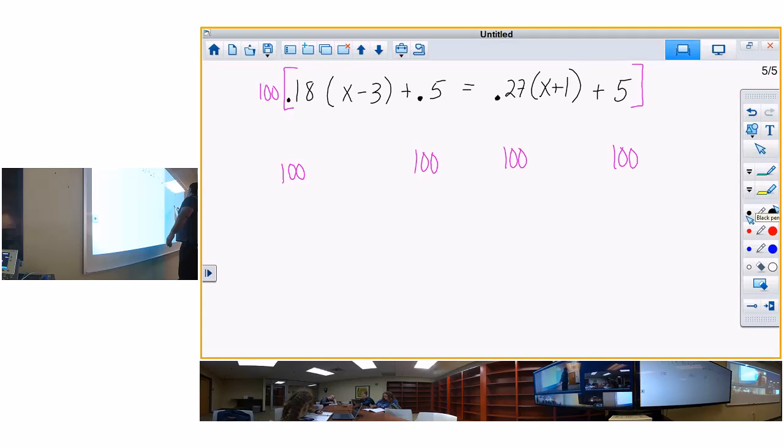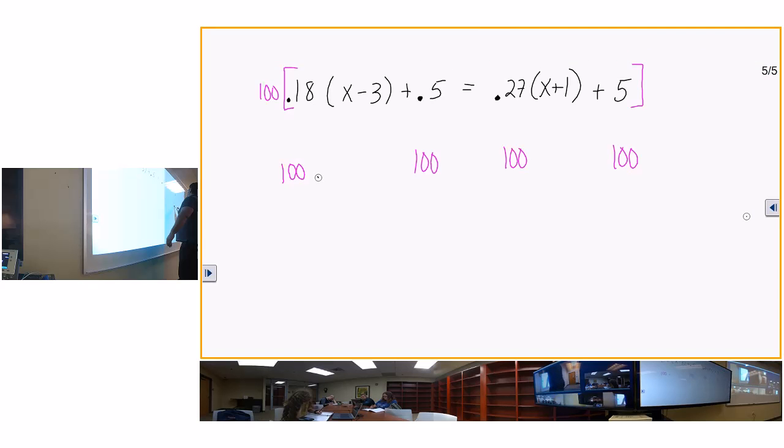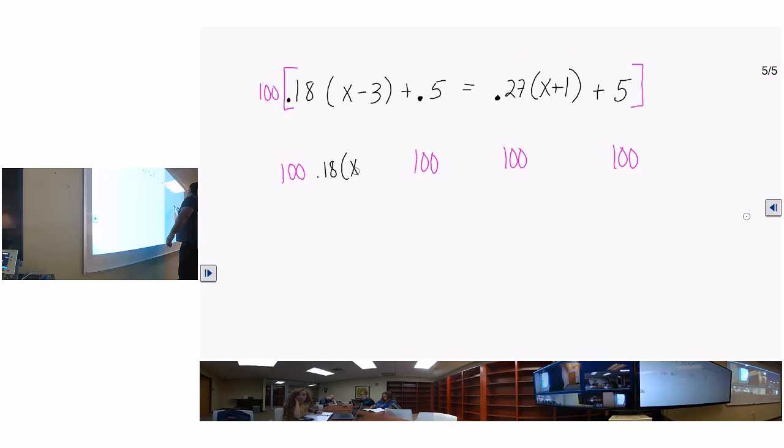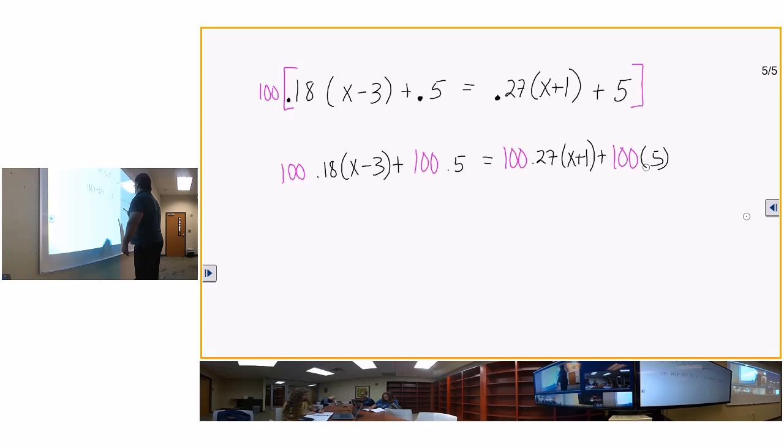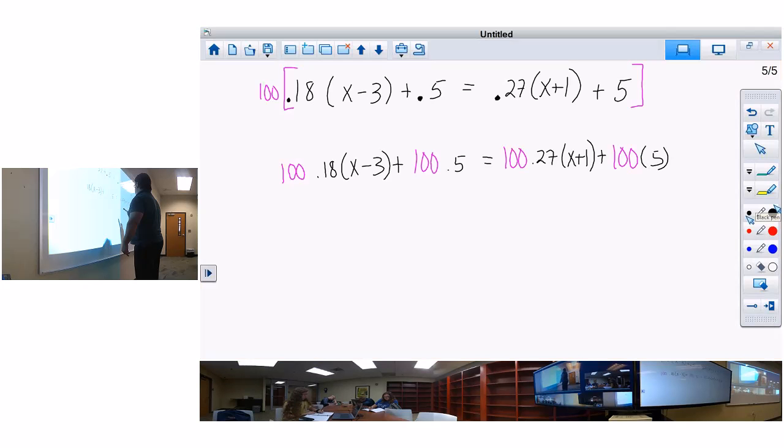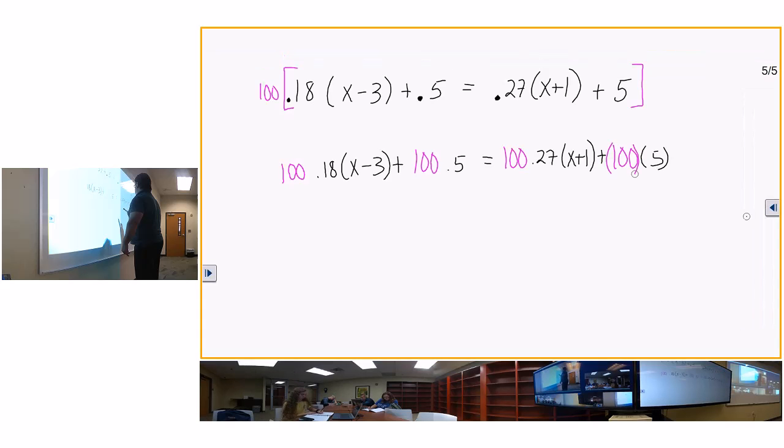I'm not going to do it yet, I'm just going to rewrite everything. I'm going to put magenta parentheses around the 100 so you'll know it's multiplication.